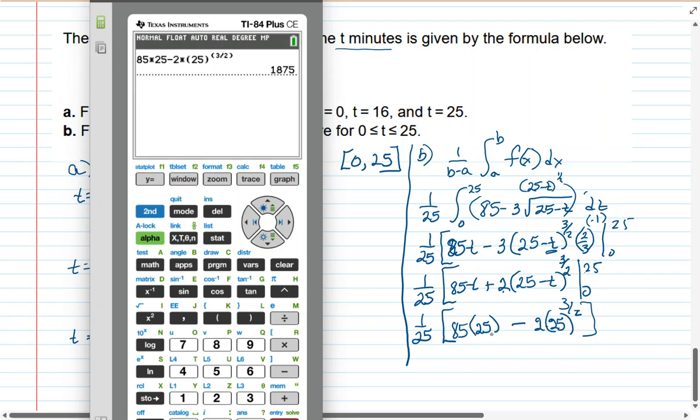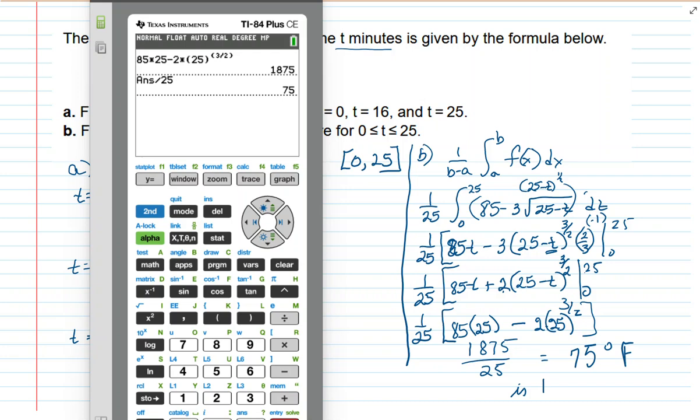Yeah. 1875 divided by the 25. 75 degrees Fahrenheit is the average.